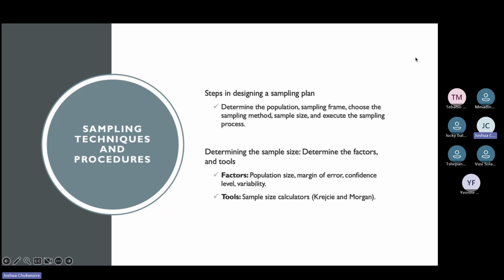So now we are at the level of what? Level of sampling techniques and procedures. These are steps in designing a sampling plan, which involves determining the population, the sample frame, choosing the sampling method, the sample size, and then executing the sampling process, which determines the sample size, determining the factors and the tools.